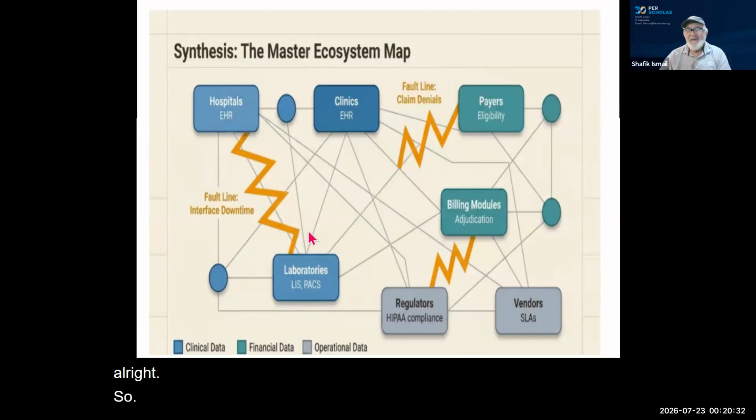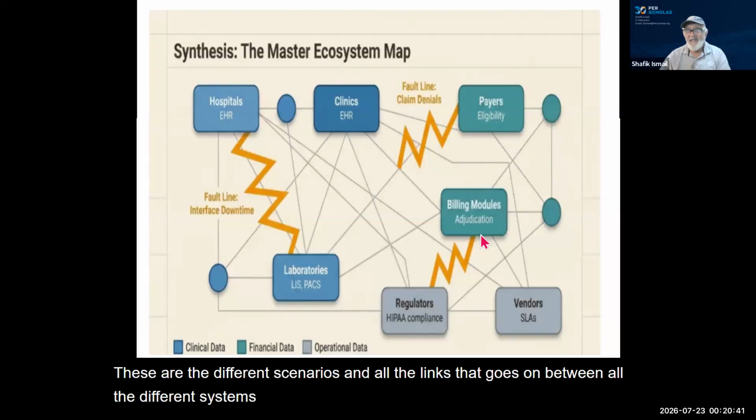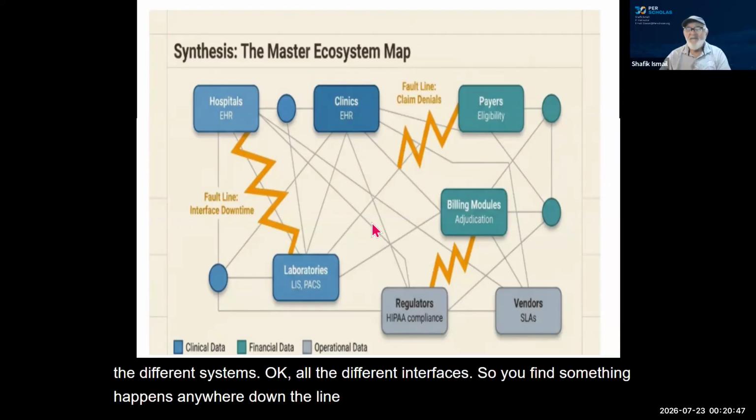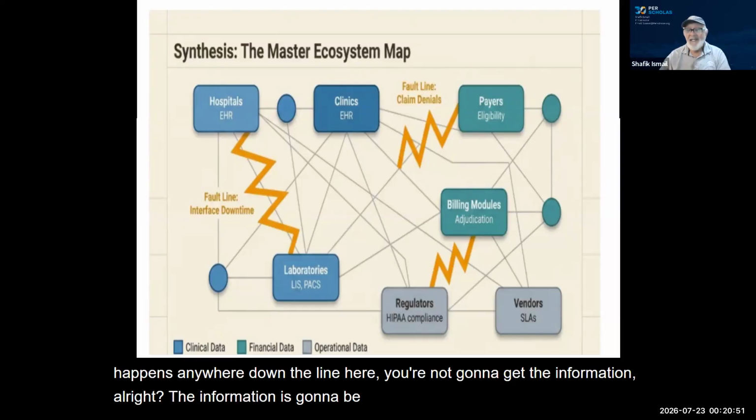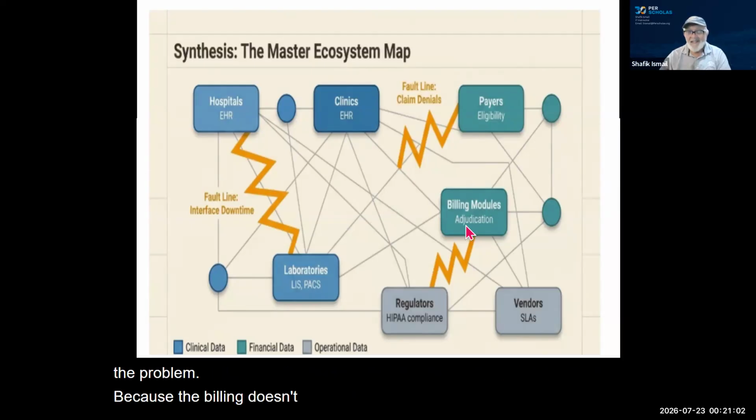So these are the different scenarios and all the links that go on between all the different systems, all the different interfaces. If something happens anywhere down the line here, you're not going to get the information. The information is going to be halted, and someone like ourselves as an IT specialist needs to investigate and find out what is causing the problem, because the billing doesn't get done.